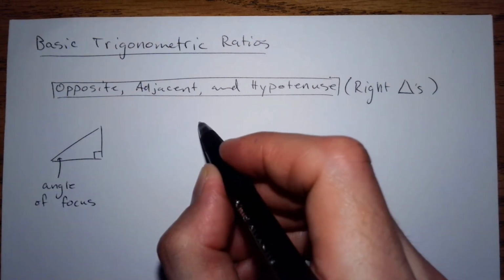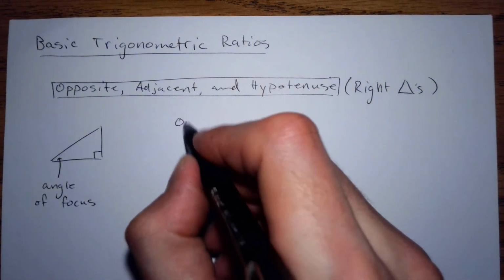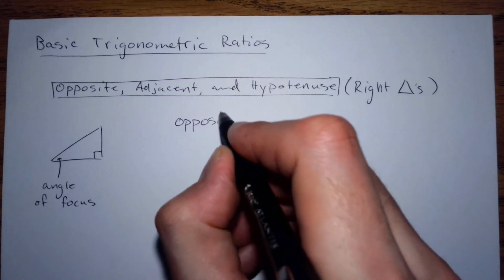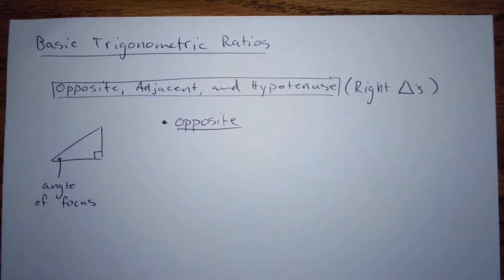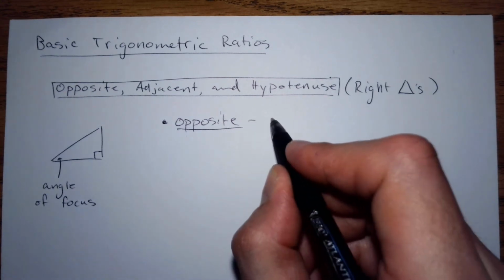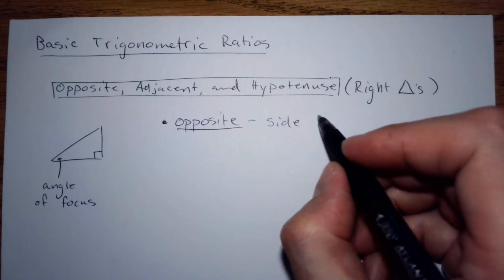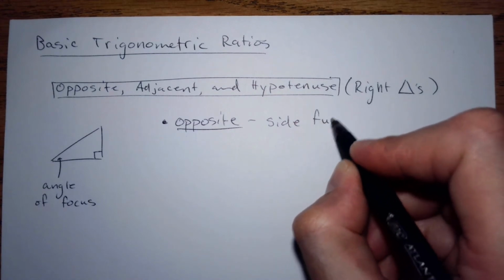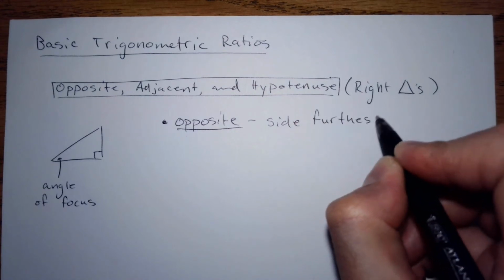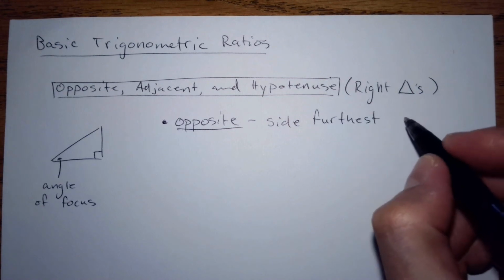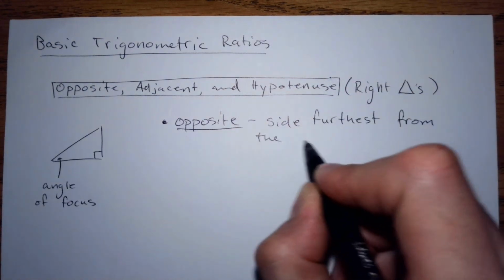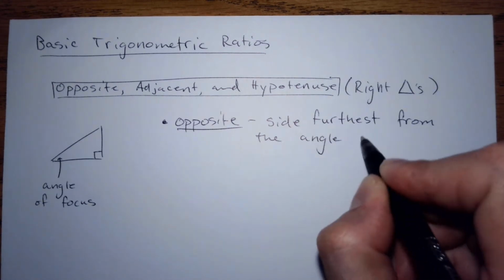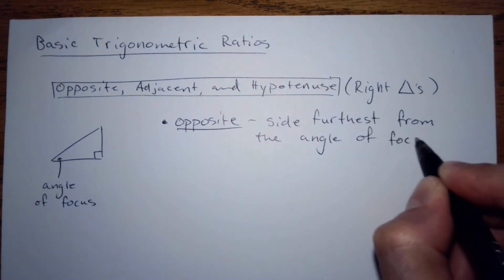And then I'm going to write down what the opposite side is. So the opposite side is always the side furthest from the angle of focus.